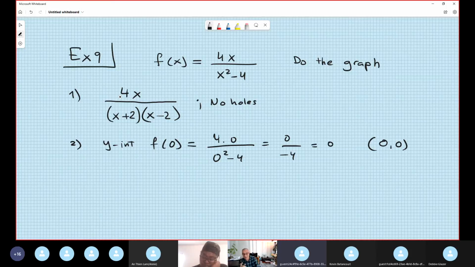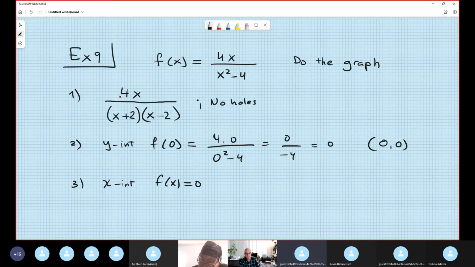And when this situation happens, when there's (0, 0), it's the origin. There is a coincidence between the Y-intercept and the X-intercept. Just in case, I want to verify in step 3 the X-intercept.